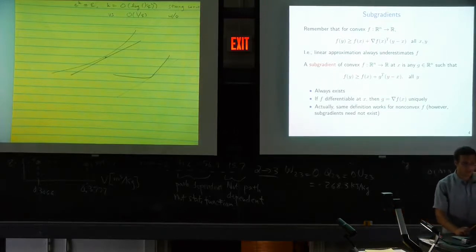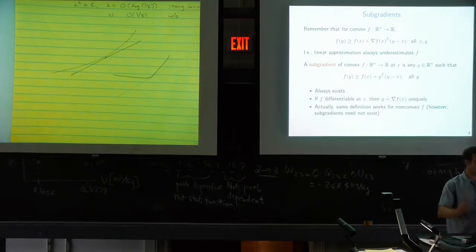If f is differentiable at x, then the only subgradient is the gradient, and it's unique. So they coincide exactly. And this same definition applies for non-convex functions. We can have subgradients for non-convex functions, but they don't need to exist, even for differentiable non-convex functions.